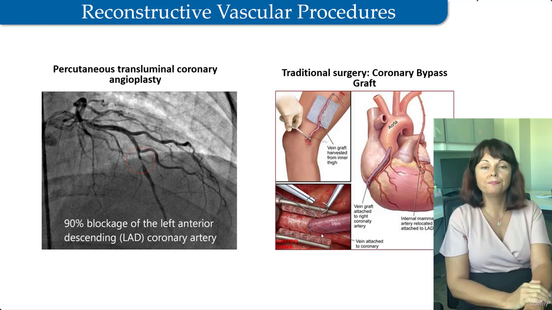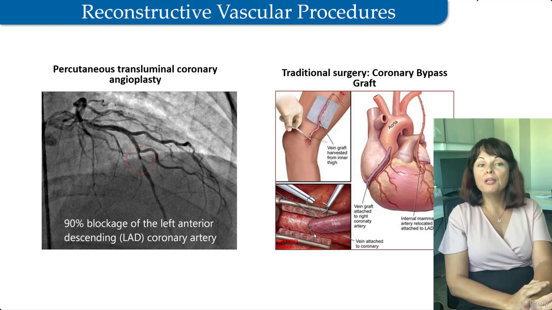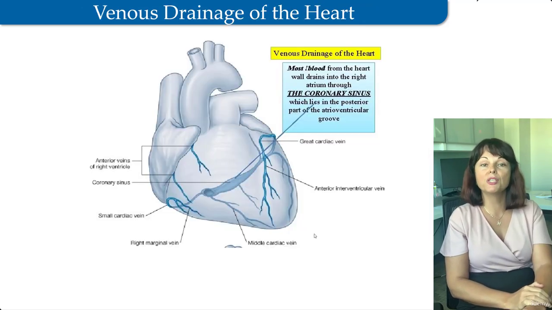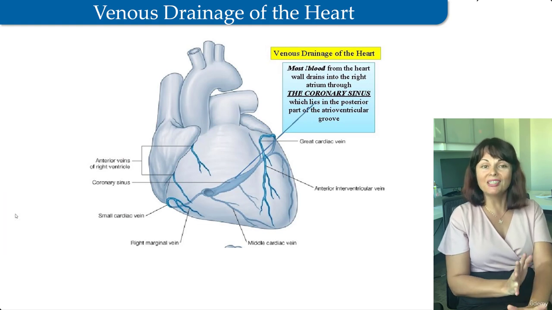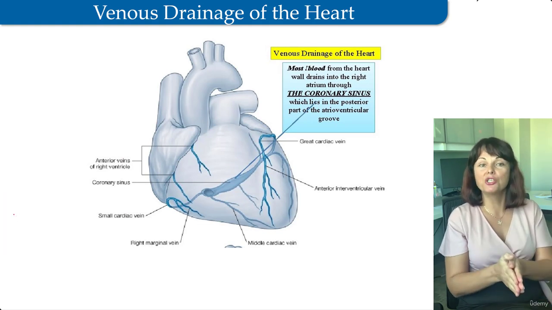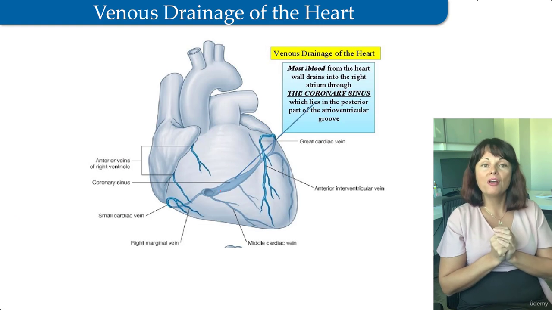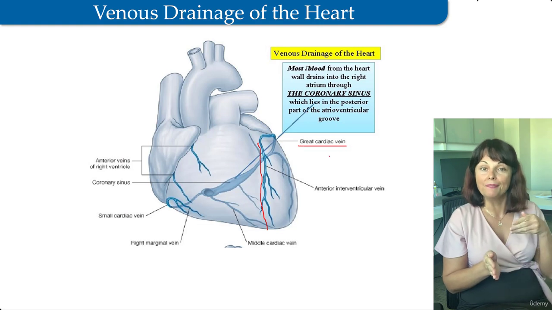To complete the picture, we need to add the veins we have on the surface of the heart. And it's easier to memorize them in pairs with the arteries they run with. Thus, the anterior descending artery is accompanied by the great cardiac vein.